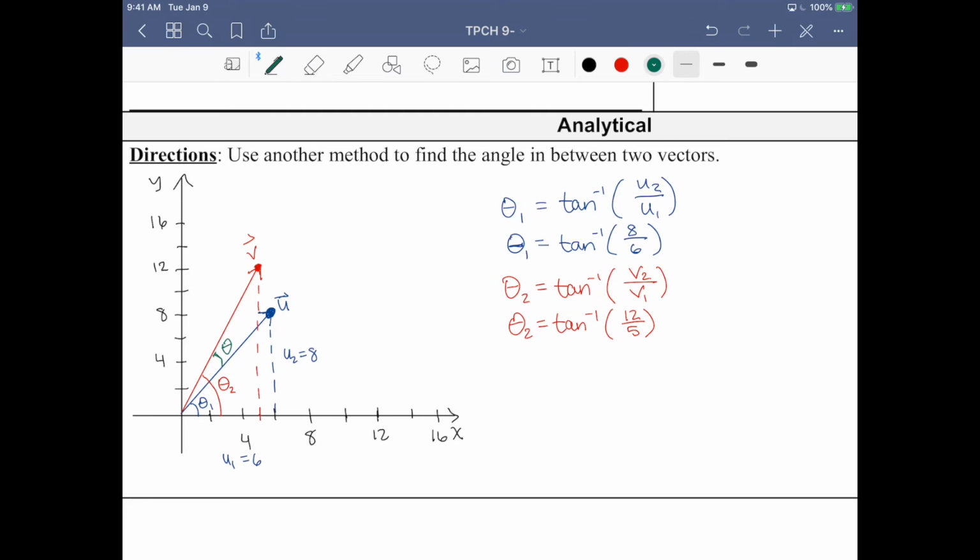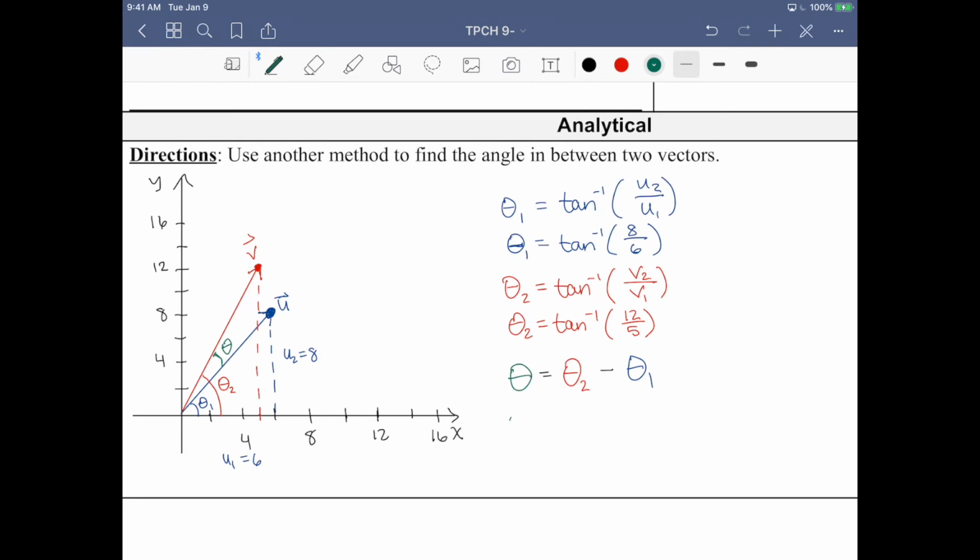So the actual thing I'm looking for is going to be equal to my theta 2 minus my theta 1.